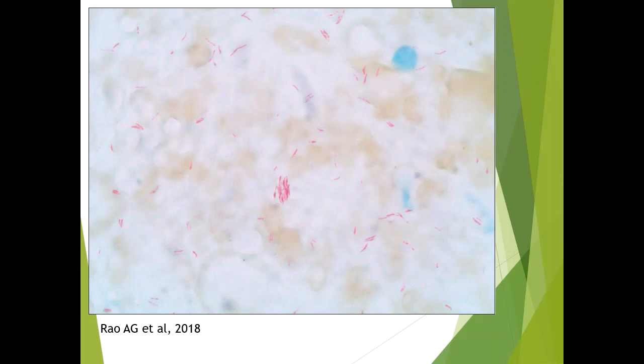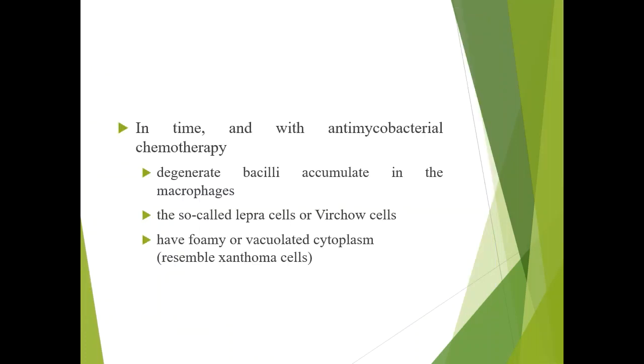Modified Ziehl-Neelsen staining detects the bacilli. In lepromatous leprosy, in time and with antimycobacterial therapy, the bacilli degenerate and accumulate in the macrophages, the so-called lepra cells or Virchow cells. They have foamy vacuolated cytoplasm.